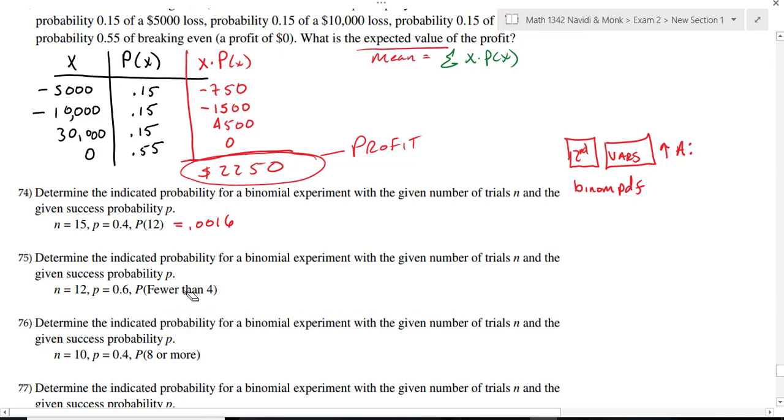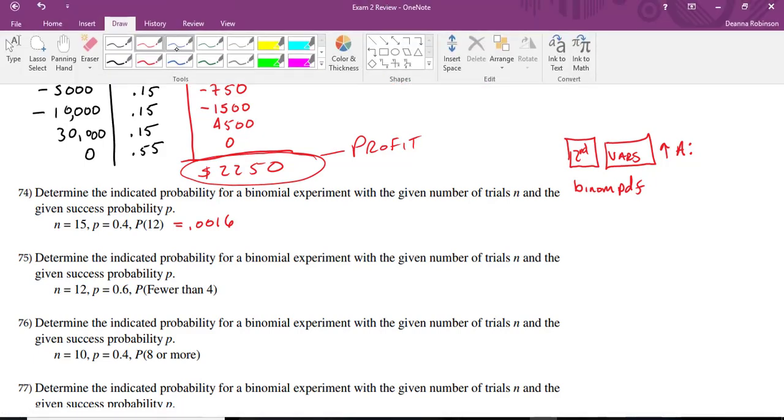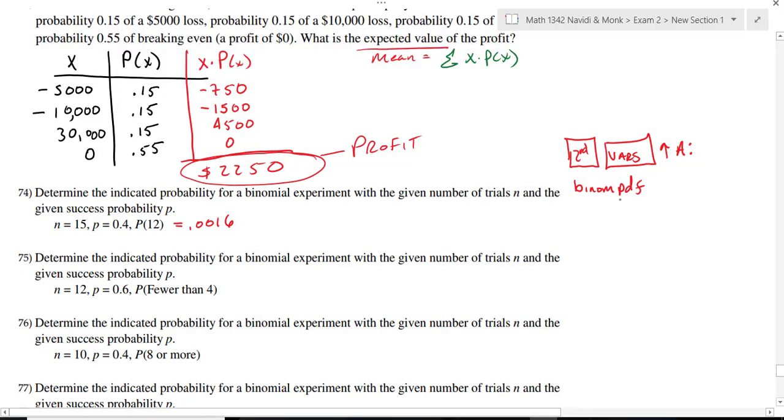On 75, we're looking at fewer than 4. The probability of fewer than 4. This is where we use the binomial CDF. We use the PDF for a particular value. We use the binomial CDF for a cumulative value, and it accumulates from 0 to x.